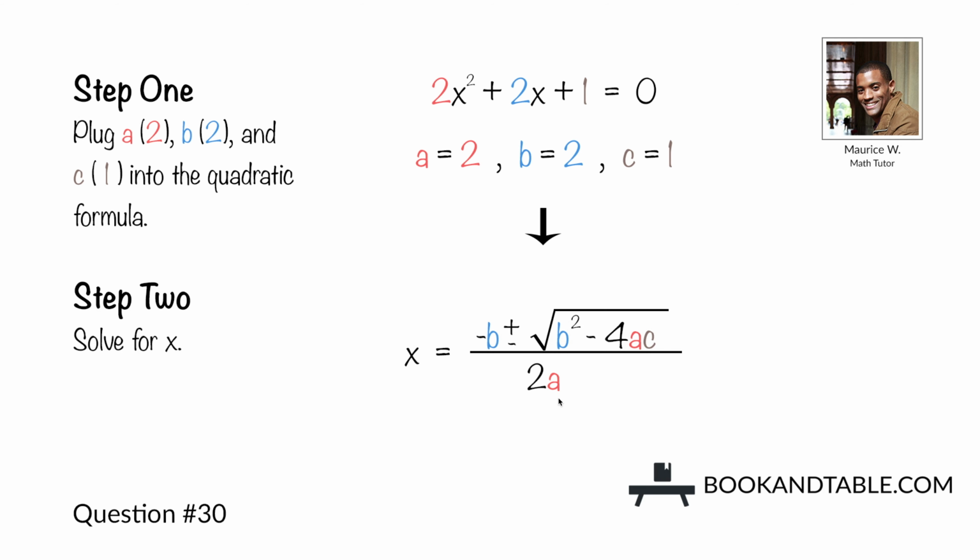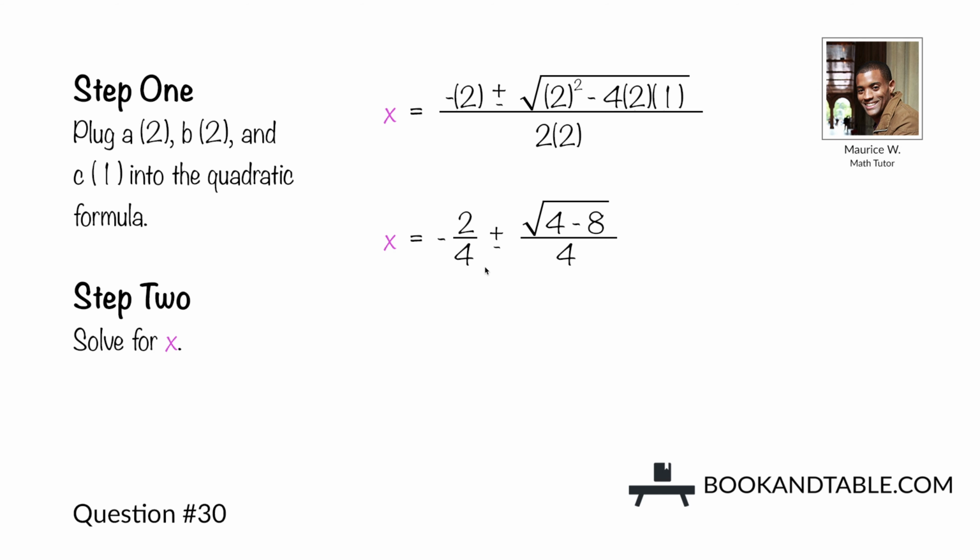Plug a, b, and c in, and we get x is equal to negative 1 times 2 plus or minus the square root of 2 squared minus 4 times 2 times 1 over 2 times 2. Now we can solve for x by simplifying this expression.